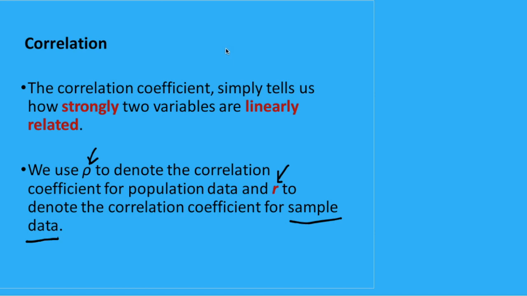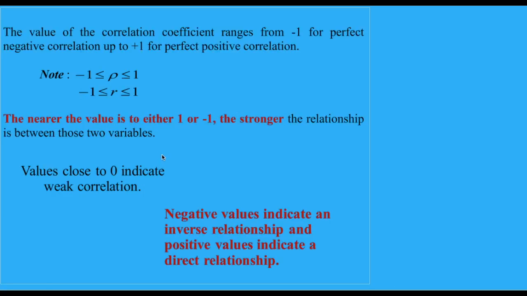And what is the correlation coefficient? It's simply a value that tells us how strong the linear relationship is between the variables x and y. The value of the correlation coefficient ranges from -1 to 1.